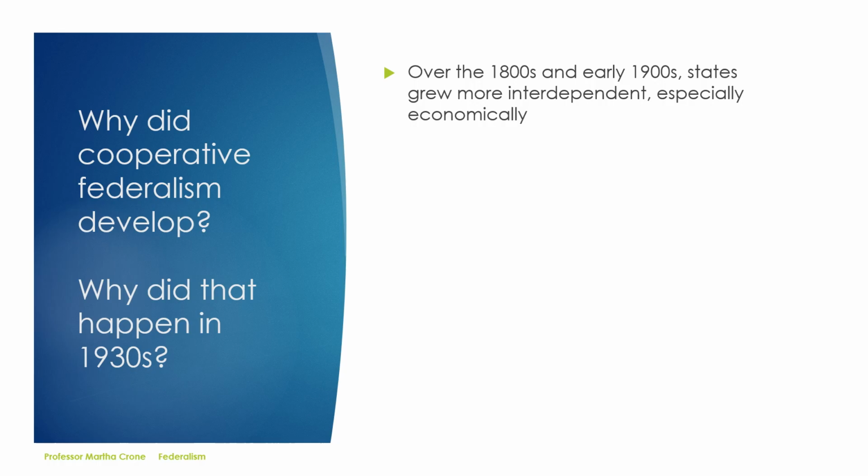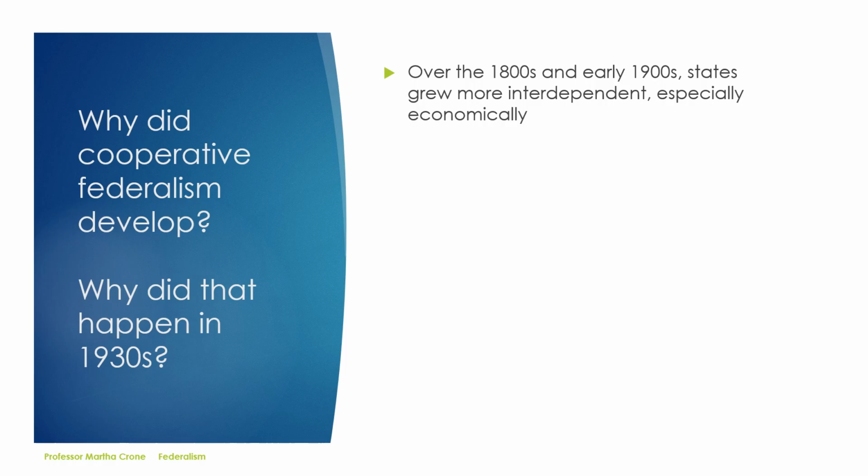This led to a lot more trade and interconnection in the states' economies, and it also led to what we call regional specialization in economies. For example, you might have one state or area specializing in agriculture while another specialized in industry. Or today we could think that there are many states where they specialize in high tech.